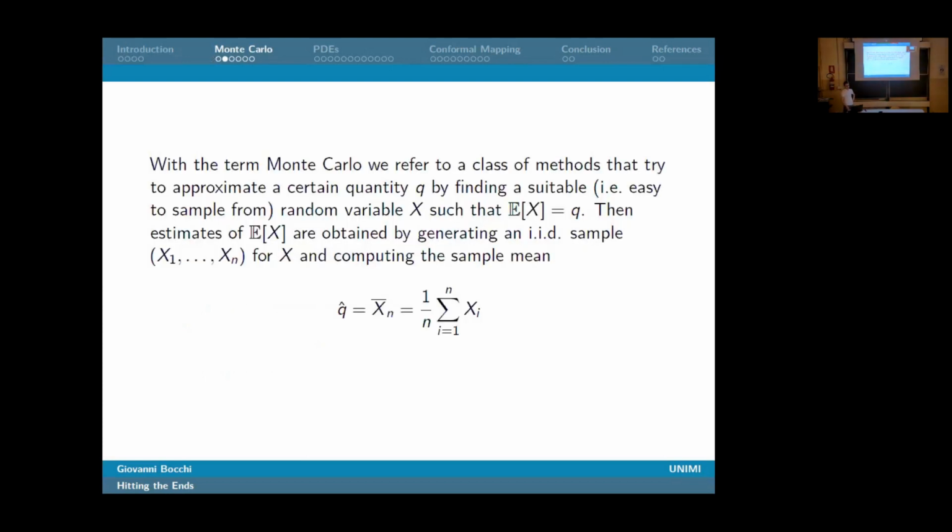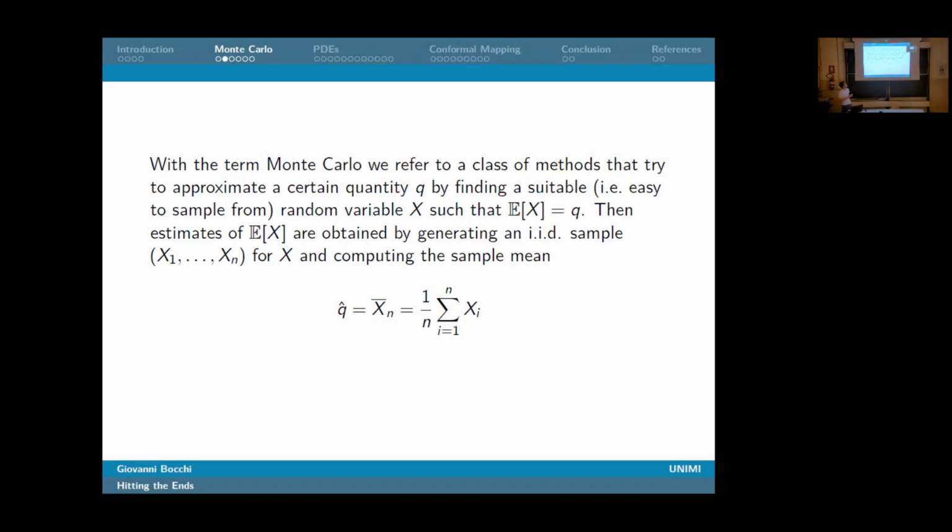With the term Monte Carlo, we refer to a class of methods that try to approximate a certain quantity q by finding a suitable, and with suitable I mean easy to sample from, random variable X, such that the expectation of X equals q. And then we can obtain estimates of the expected value of X by generating an IID sample X1, ..., Xn, so by generating independent and identically distributed copies of X, and by computing the sample mean.